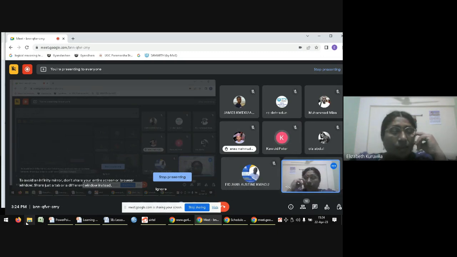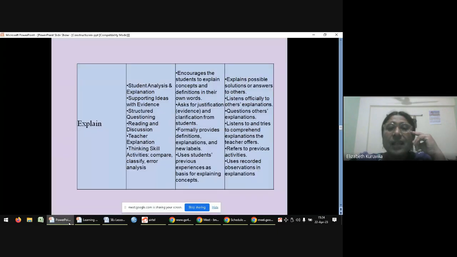Okay. So we can see that the teacher encourages the students to explain concepts and definitions in their own words, asks for justification and clarification from students, formally provides definitions, explanations, and new labels, uses students' previous experiences as a basis for explaining concepts.